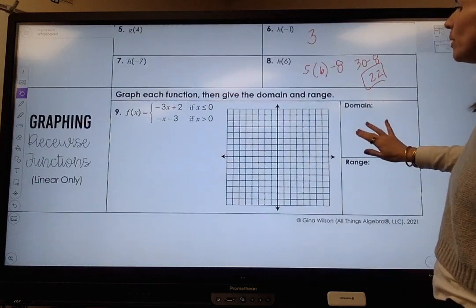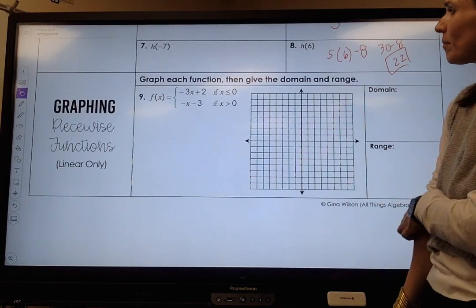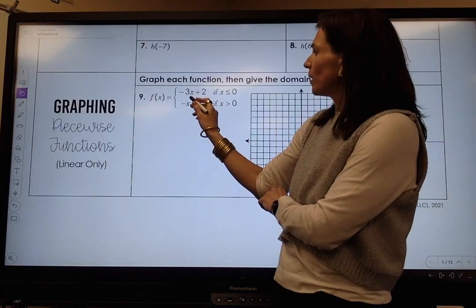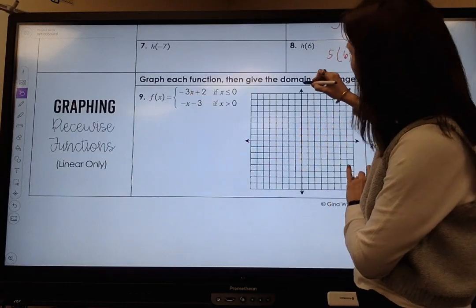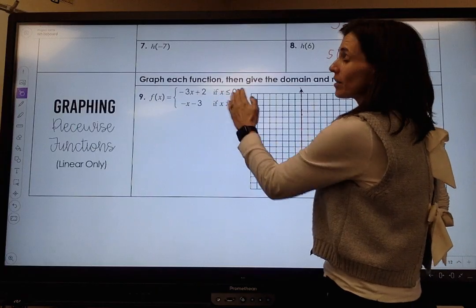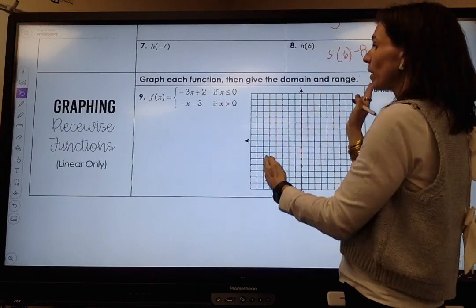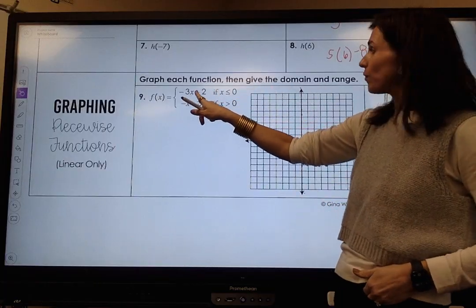Okay, how do we draw these graphs of linear functions? Well, the first one I'm going to do is this guy here. So here's where it's splitting the domain. For this part, I want x to be less than or equal to 0, and for this guy, it's going to be greater than 0. So I'm going to work with this function here.